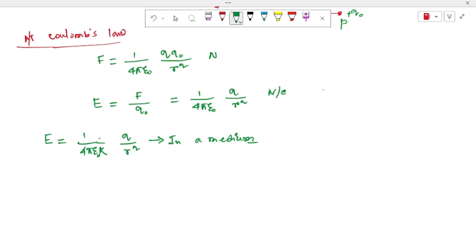But for vacuum, or in air, the dielectric constant K is equal to 1.